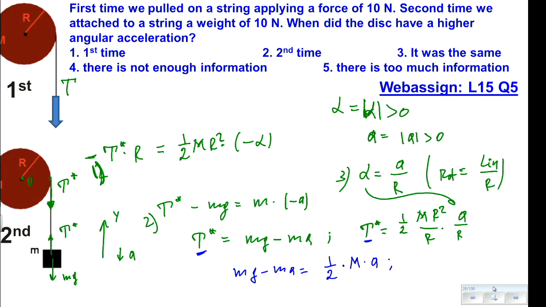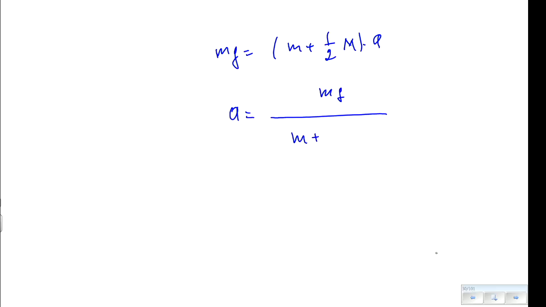Now I can collect two terms with acceleration on the same side. Mg is equal to this plus this. Acceleration is a common factor. Mg is equal to this plus this times acceleration. I can solve it for the acceleration. First of all, we can see it is not equal to gravity. It's actually less than gravity.